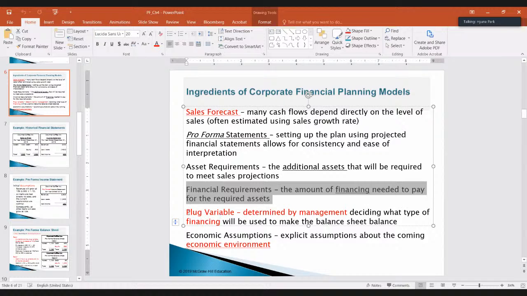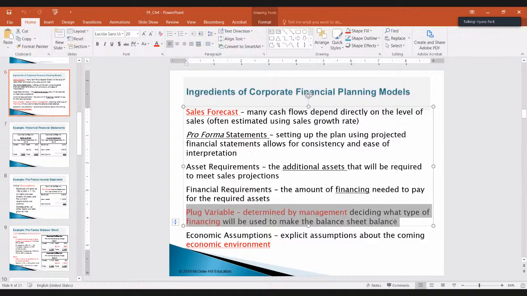And the plug variable, in financial planning, is what managers decide: how to finance long-term those capital needs, those asset needs. That's what we mean by plug variable.